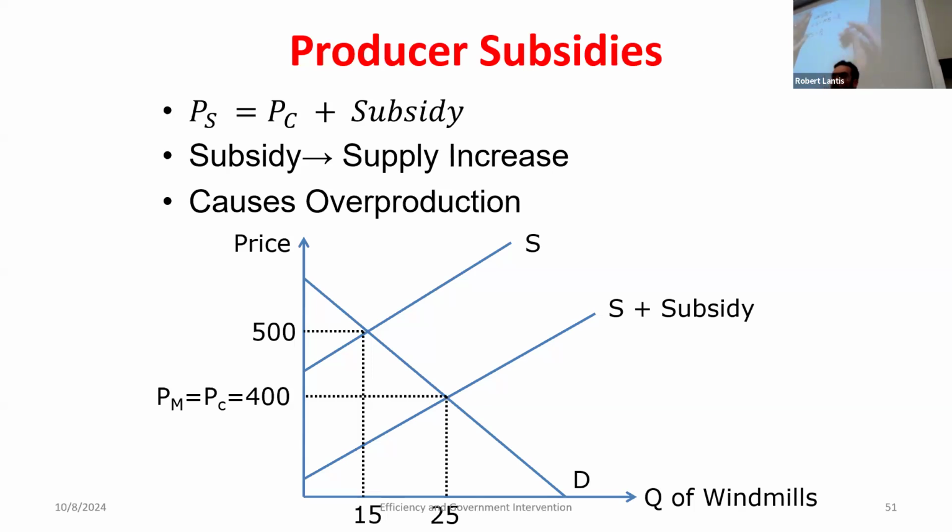So producer surplus, we can think of this term surplus as the net benefit. So here's the marginal benefit to producers. What's their marginal cost? Well, those were just represented by the supply curve, just like marginal benefits were represented by the demand curve.